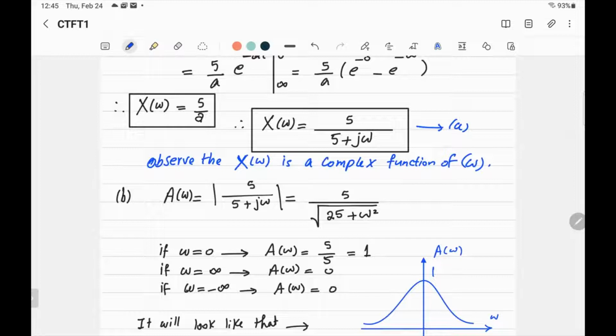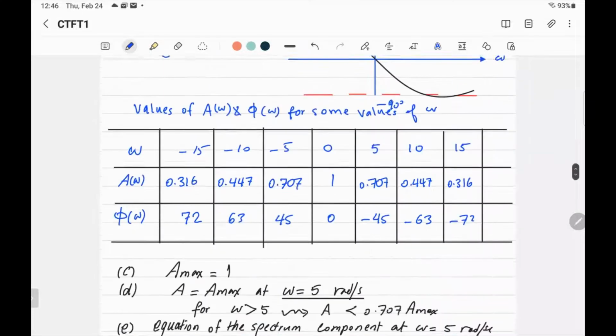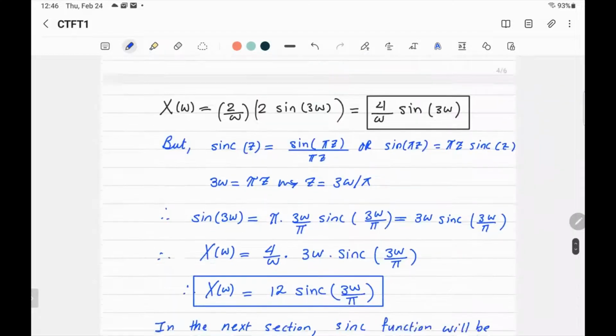That was X of omega, the frequency component, or the Fourier transform. It's complex. You cannot sketch it. So in general, you cannot sketch X of omega against omega. It just happened in this case because X of omega was real.